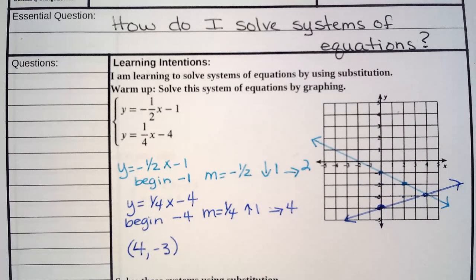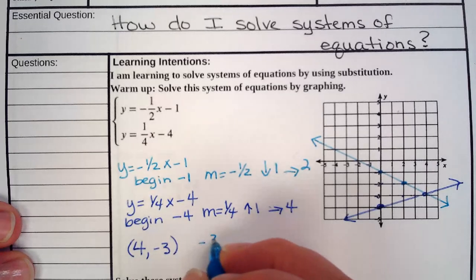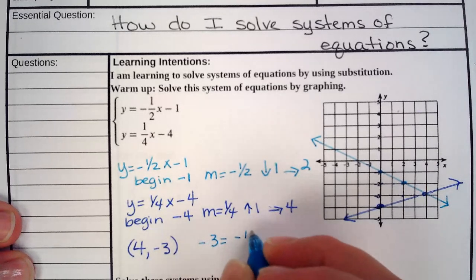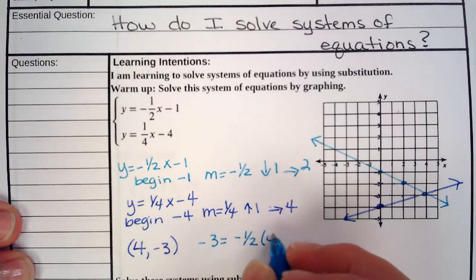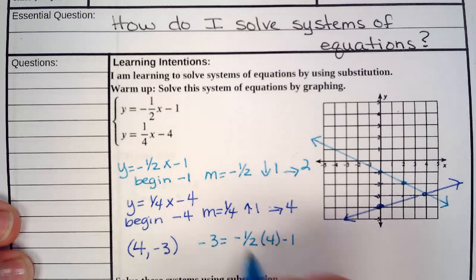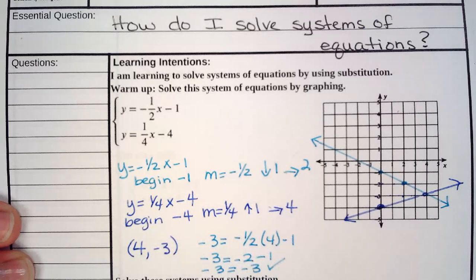We can substitute in and see if they work. On the first one, is -3 equal to -1/2 times 4 minus 1? Is -3 equal to -1/2 of 4, which is -2, minus 1? -3 is equal to -3. The first one works.